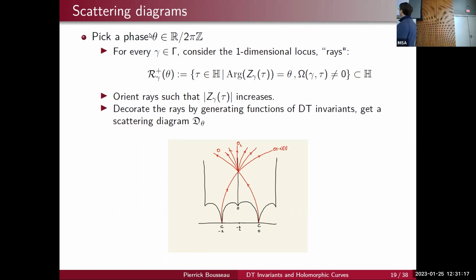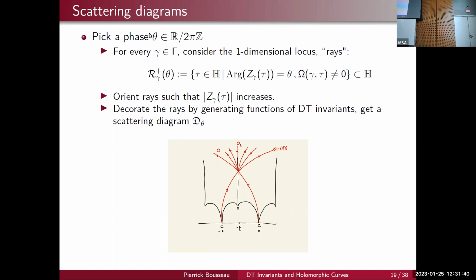Okay, and then you can start drawing the upper half plane and try to draw what are these sets. So for example, if gamma is the class of O, so the line bundle on the zero section P2, and if you ask what is its locus, you can plot it, and it is curved here on the right, starting from the bottom and curving over to the left.